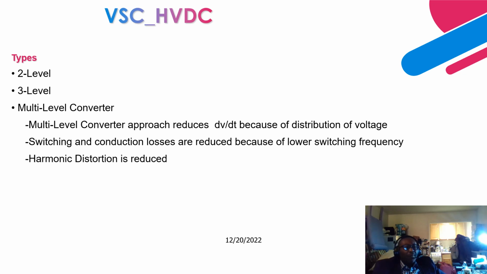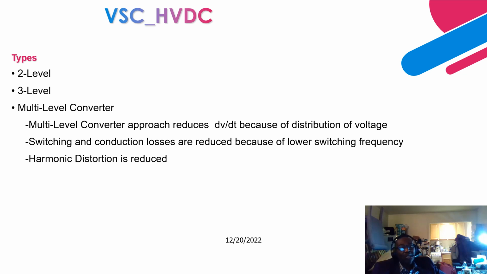So for the multi-level converters, basically your rate of change of voltage with time, because the voltage is distributed across the many modules, results in much less stress on these converters. And also the switching and conduction losses are much lower because of the lower switching frequency. And also, harmonic distortion is much reduced because of the lower switching.